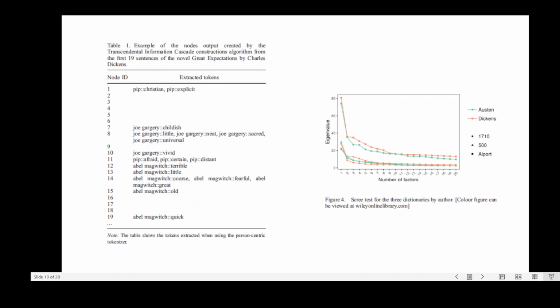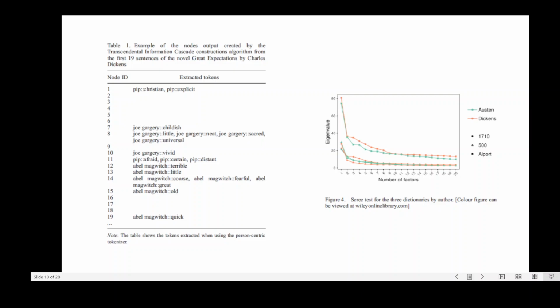And so by extracting a co-occurrence matrix across all these characters, we can then treat characters as if they were participants in a typical psychology study and run a factor analysis on the co-occurrence matrix.